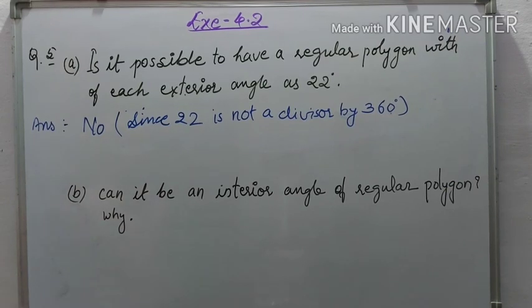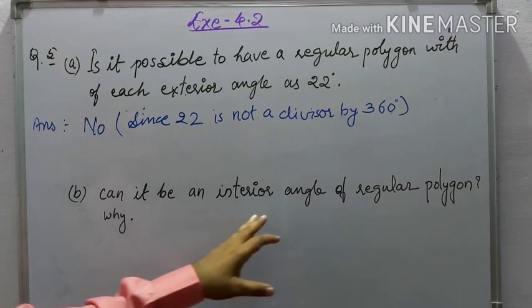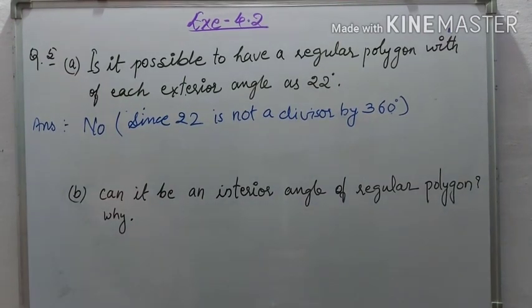And the second question: can it be an interior angle of a regular polygon? Why?